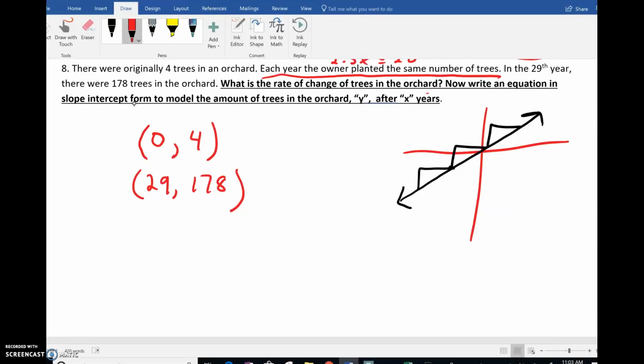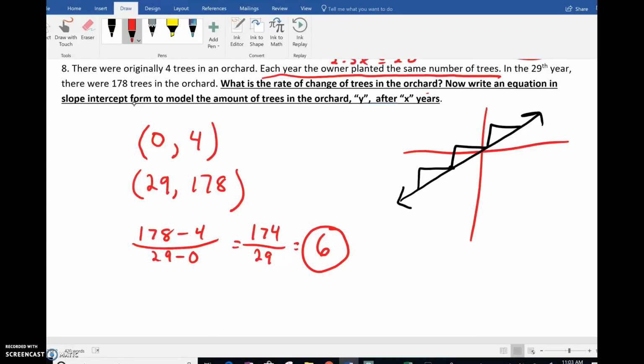So we need to find our slope, y2 minus y1 over x2 minus x1. We've got 174 over 29. Can't do that one in my head. And we get, wow, it works out perfectly. We get 6. So what does that mean? That means he increased 6 trees per year. We need to write an equation in slope-intercept form.